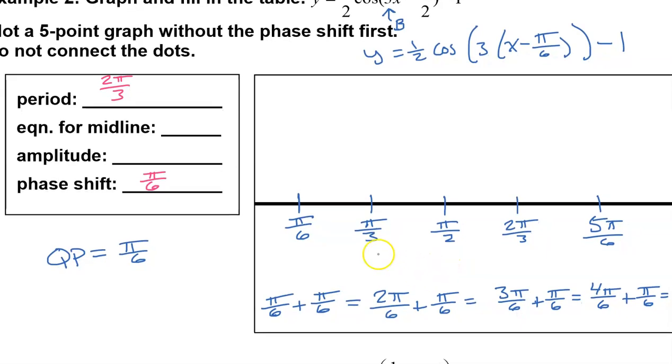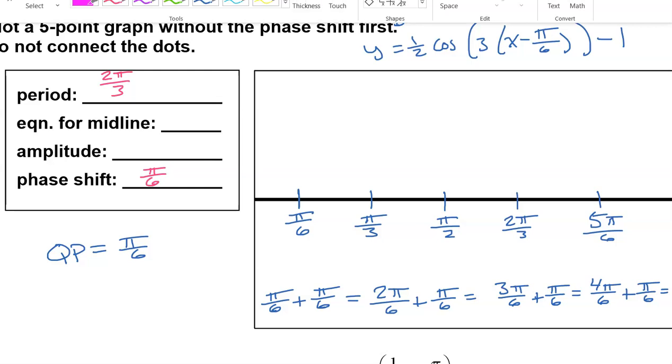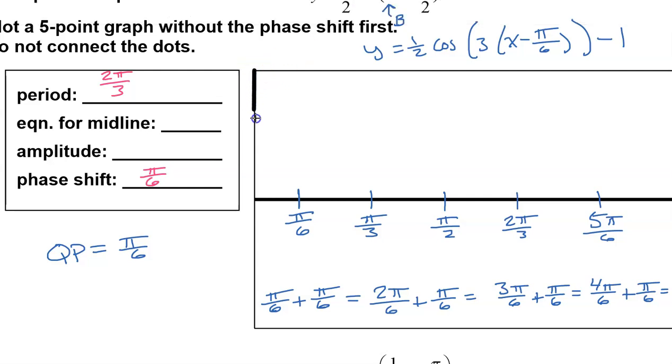So I see the positive pi over 6 right here, so I need to place the y-axis somewhere to the left of that. I think I'll just put the y-axis way over on the left, right here.